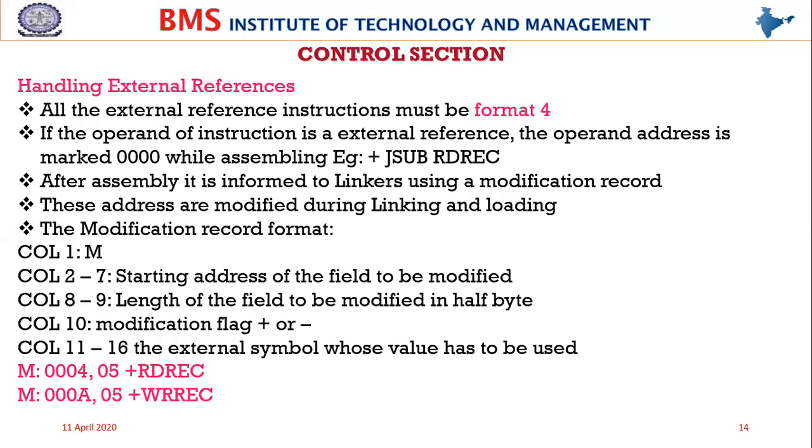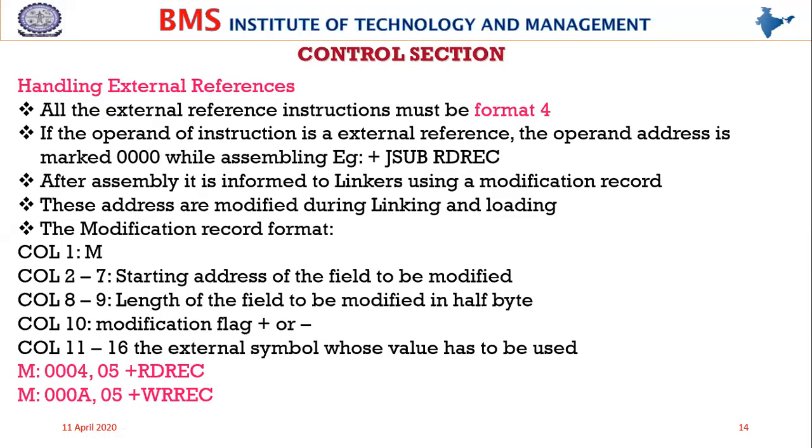So this is how external references are handled by your assembler. We are looking only from the assembler's part. We shall see the other side when we discuss linkers, how these things are resolved by linkers, when it is absolute addressing, when it is relative addressing. All these things we shall discuss in loaders and linkers.